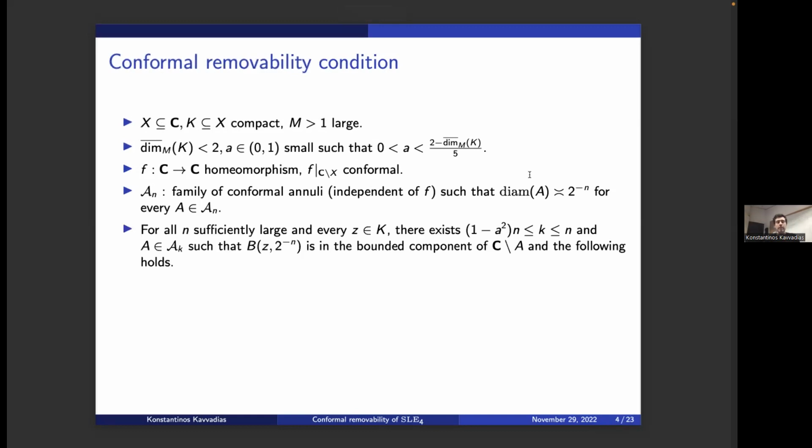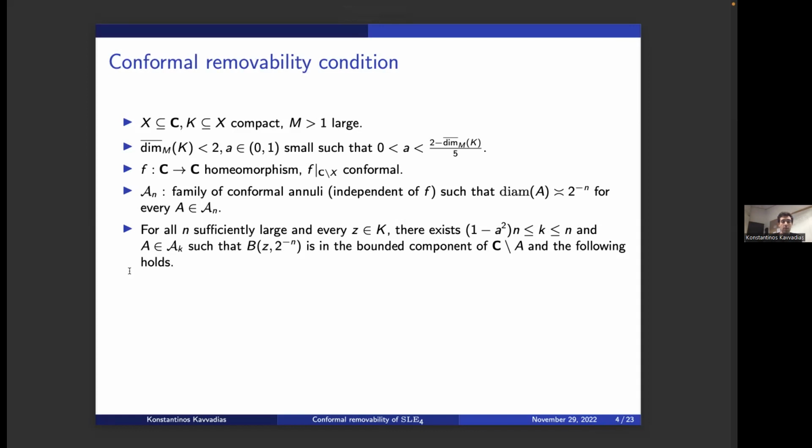And we also require that those families of conformal annuli are dense in the following sense: for every point z in our compact set and for all n sufficiently large, we can find k which is sufficiently close to n in this sense. It is at least (1 minus a) squared times n. And an annulus A in this family, A_k, which surrounds the ball centered at z with radius 2 to the minus n.